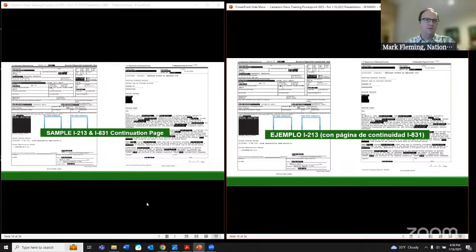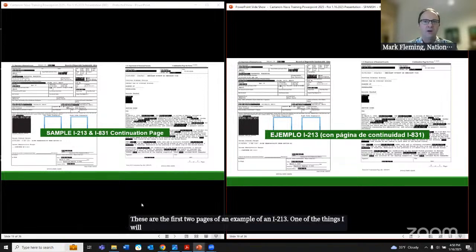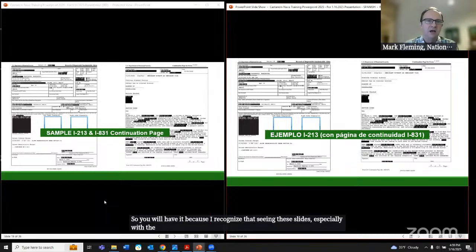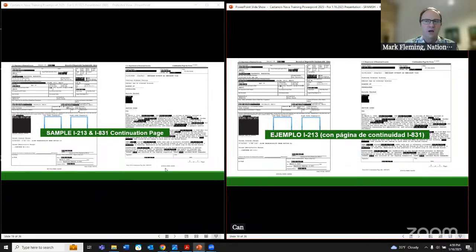These are the first 2 pages of an example of an I-213. One of the things I will flag right now, that I answered in a Q&A question, is we will be putting this slide deck in English and Spanish on our website and pushing it out to our allies as well. So you will have it, because I recognize that seeing these slides, especially with the side-by-side, can be difficult.